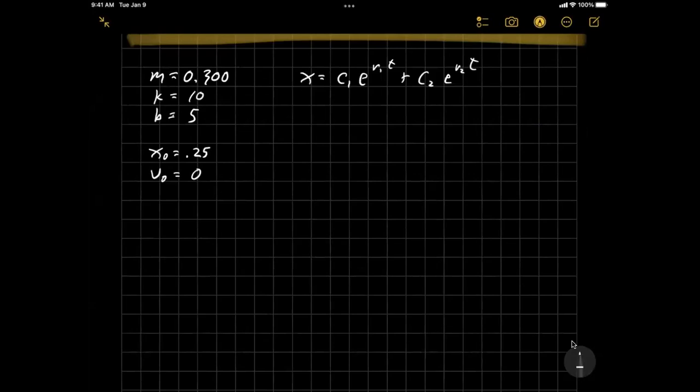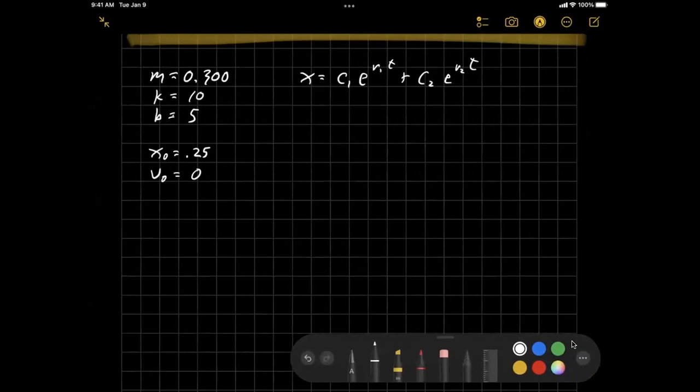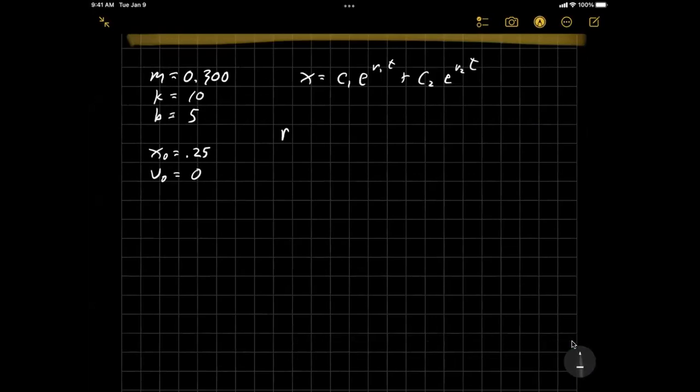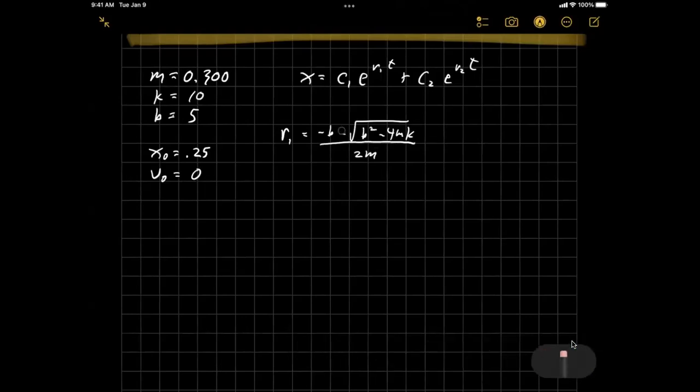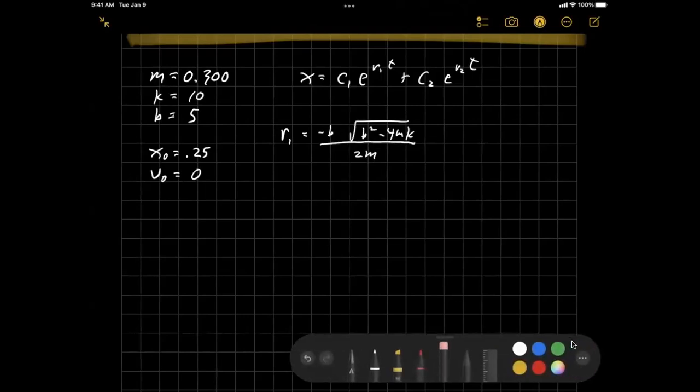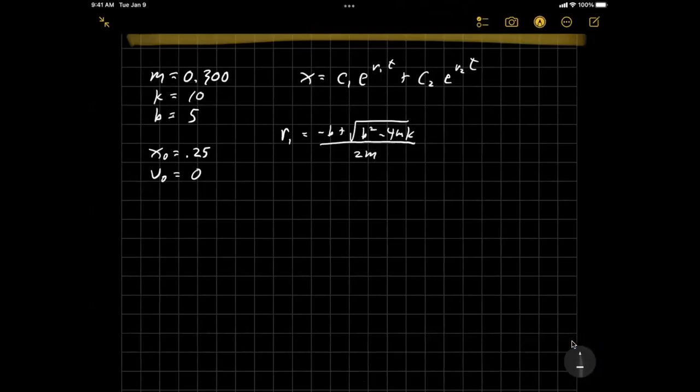So R in general is negative B plus or minus the square root of B squared minus 4mk, all over 2m. I put plus or minus, so that is not R1. R1 would just be the plus, and R2 will just be the minus.